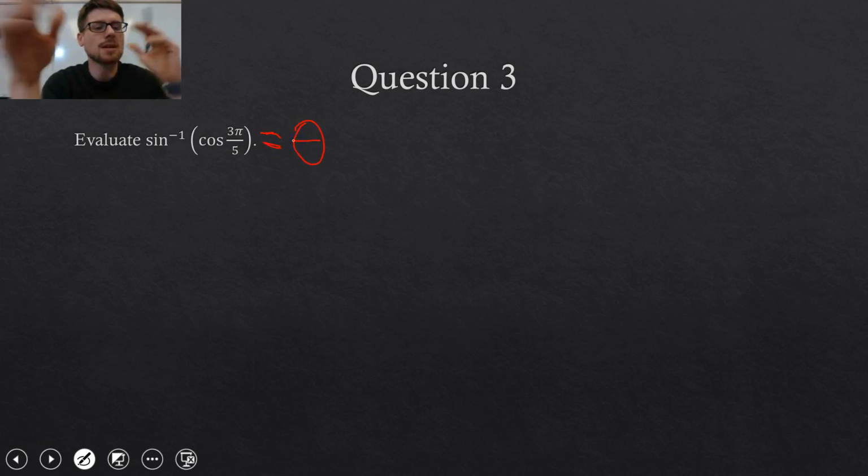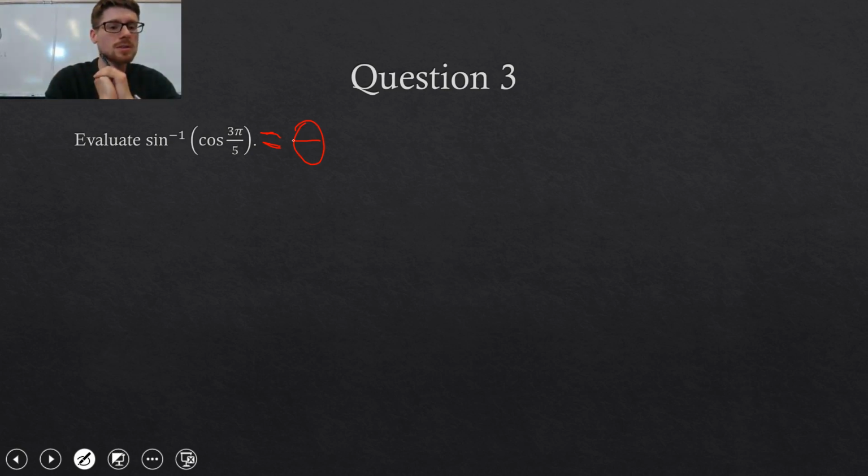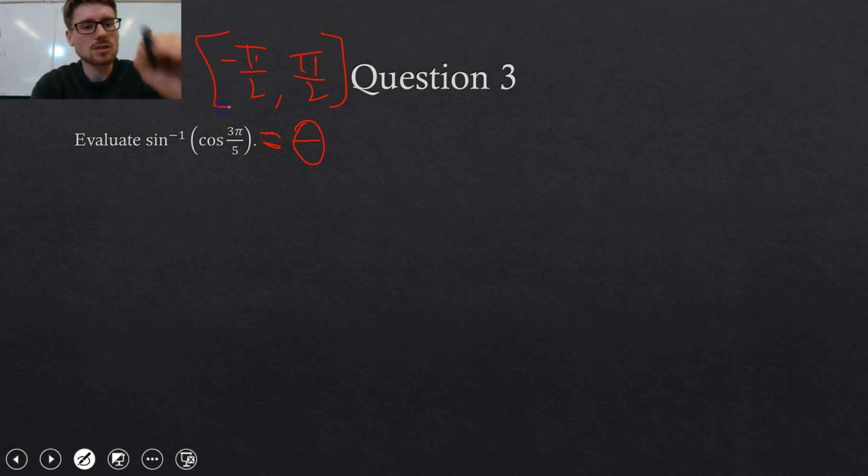So this is ultimately an angle, and the answer is going to have to be from negative pi over 2 to pi over 2. So without actually doing any work, I just look at the outermost function, which is a sine inverse.